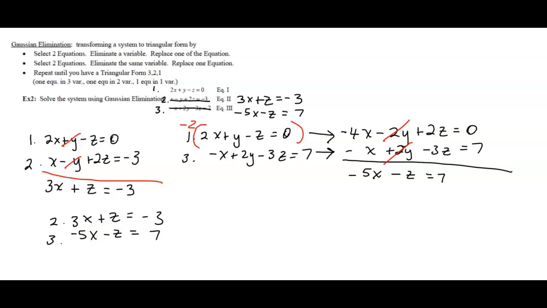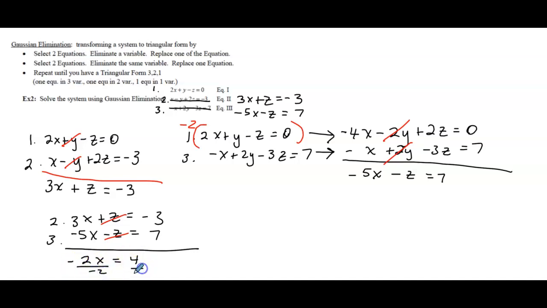And this turned out just great because now my z's cancel. If they didn't, then I would have to multiply the equation by something to get them to cancel. And I'm left with negative 2x is equal to 4.